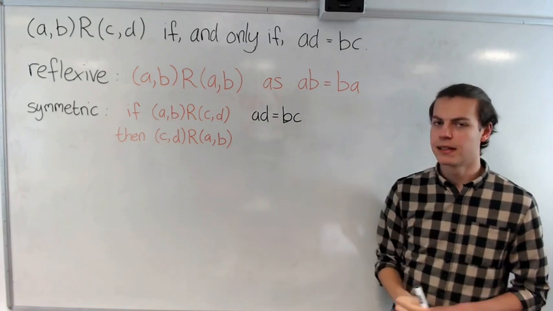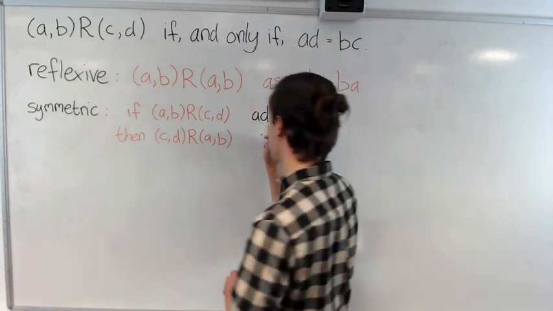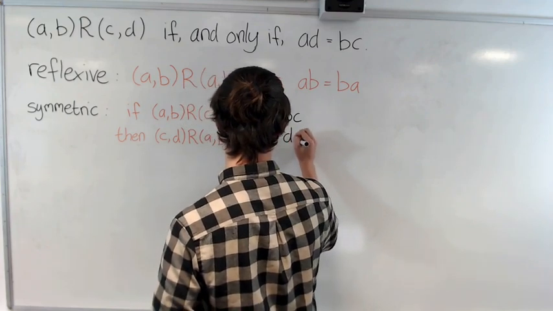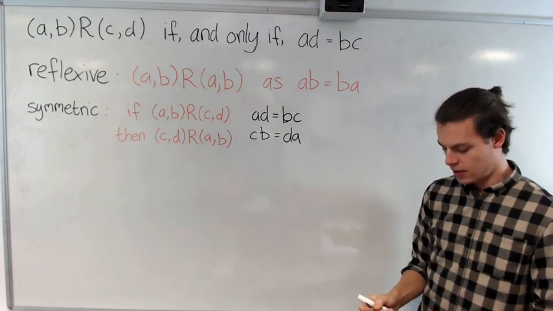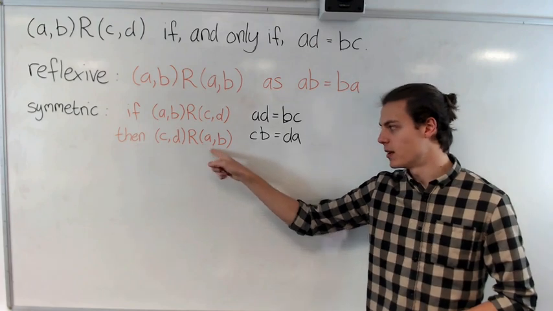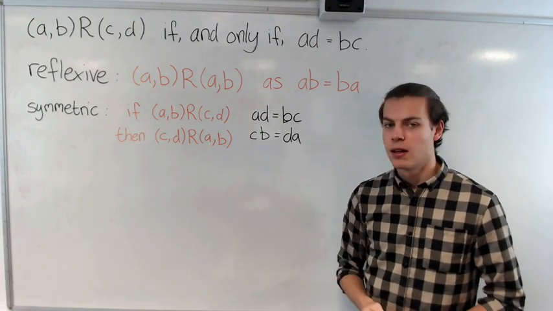And by rearranging this, we can clearly see that, yes, CB equals DA, which is what is required for CD to be related to AB. So the symmetric property holds.